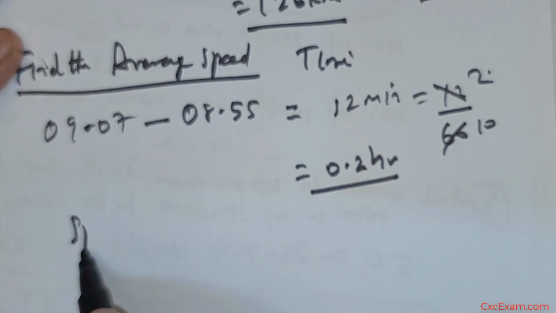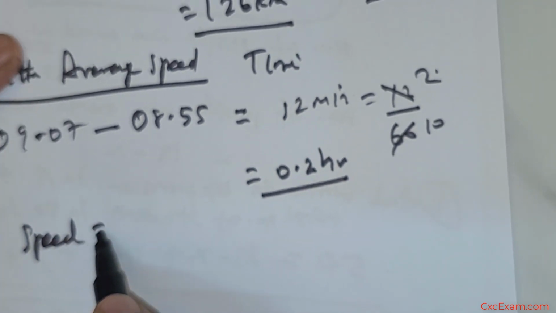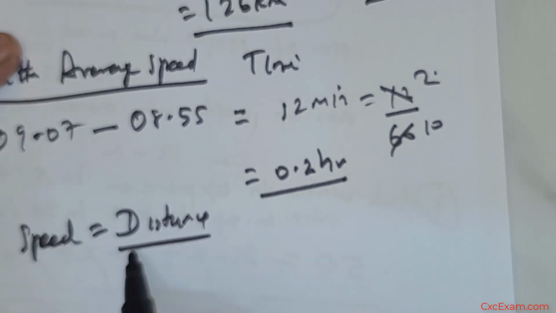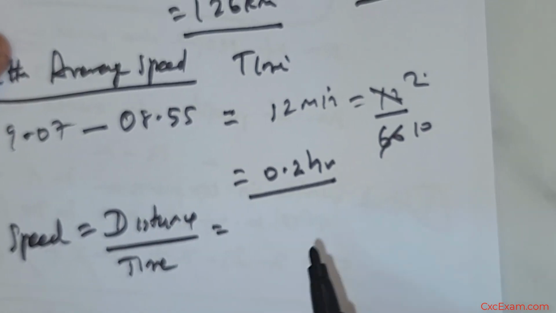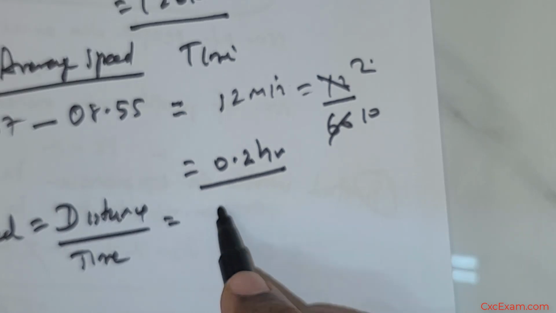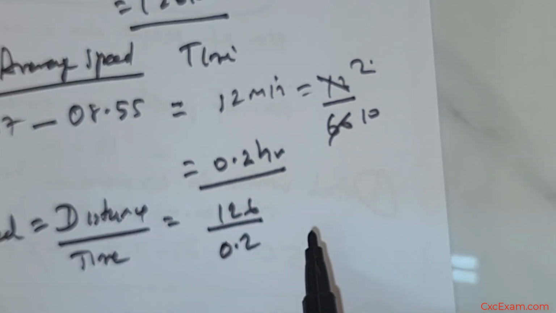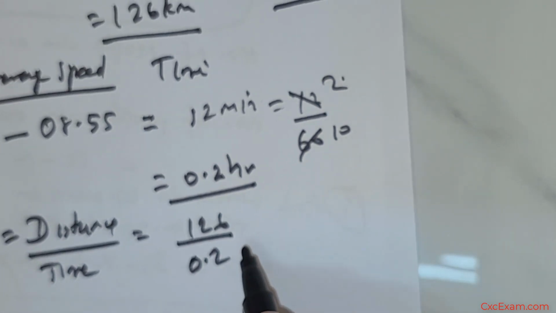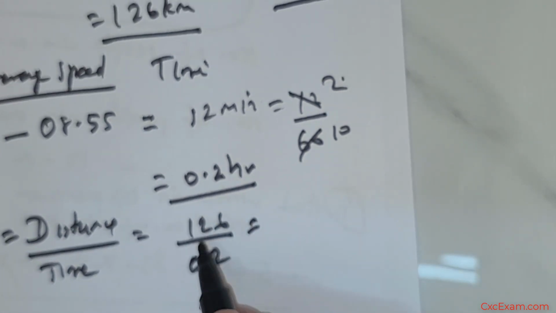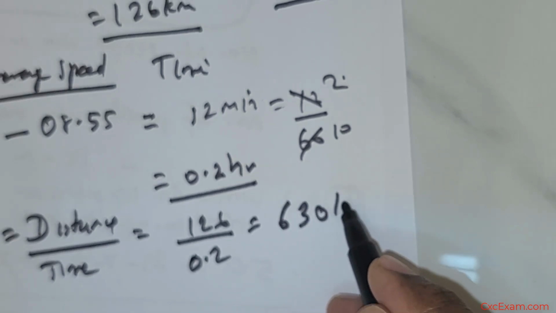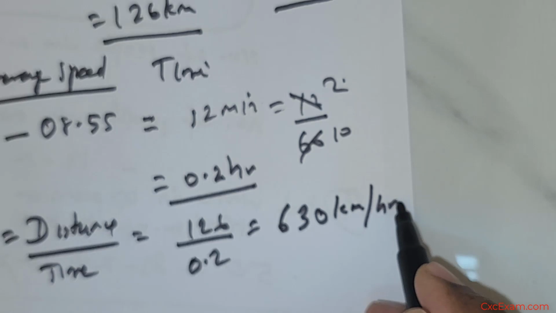Now get the formula. Speed is equal to distance traveled divided by time. So what is the distance traveled? 126. And what is the time we got? 0.2 hours. And what is the speed? You evaluate this, you get a speed of 630 kilometers per hour.